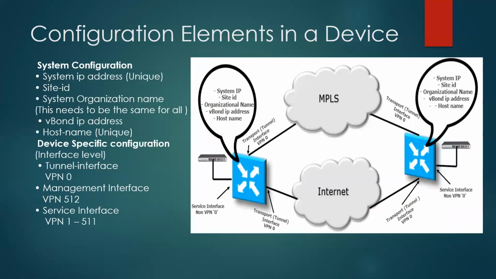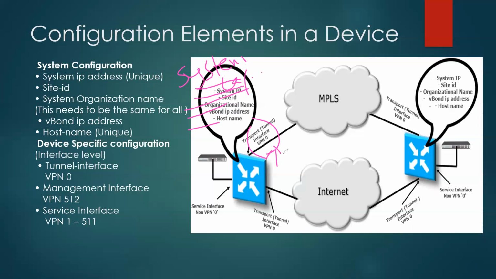So inside the minimum configuration, I need system IP. You can see here system IP, site ID, organization name, vBond IP, host name. This is the system config.